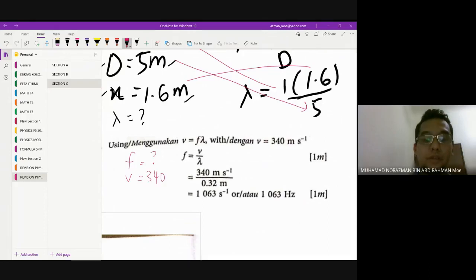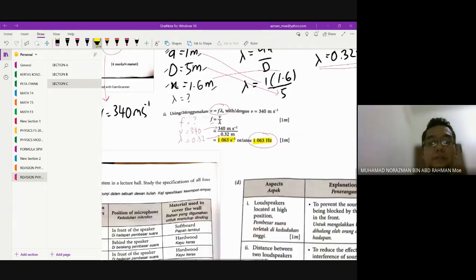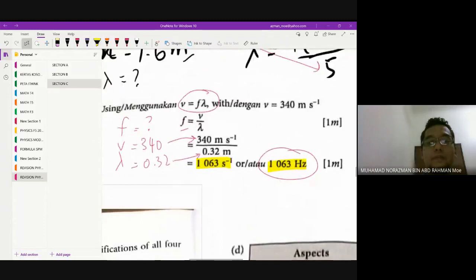You want to find the frequency, and from the previous question you know the wavelength, so we use the formula V is equal to F lambda. Rearrange the formula and substitute the values, then we get the final answer. Either per second or hertz, both accepted.